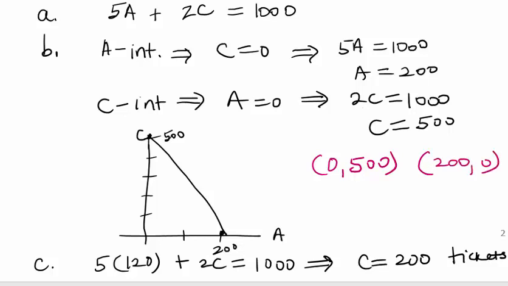Then label them with the correct variables, so that would be an A and a C for each of them. If this theater owner sells 500 children's tickets, he would need to sell no adult tickets, because he would have met his revenue goals. And if he sells 200 adults, he doesn't have to sell any children's tickets.